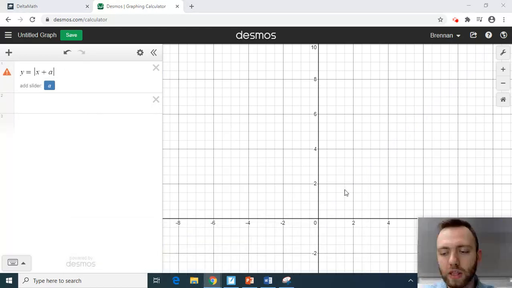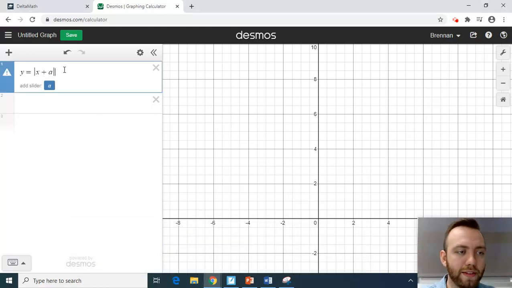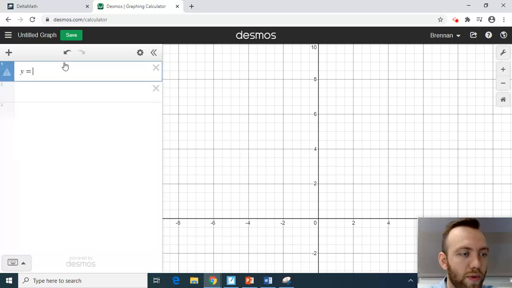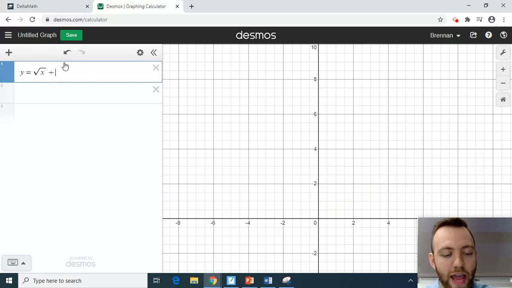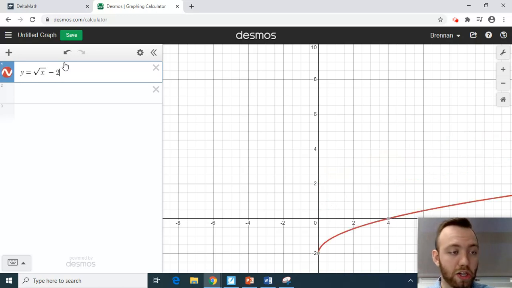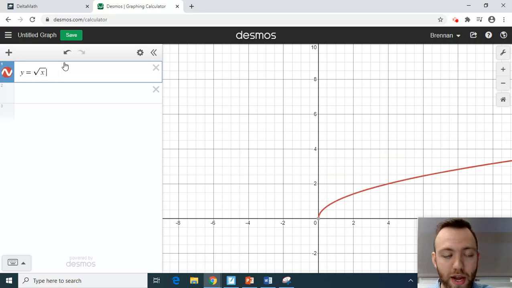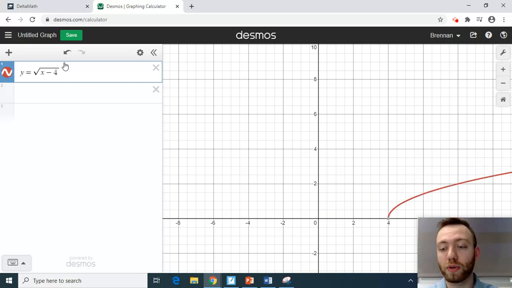And now let's take a look at one of the other ones we did. We had the square root of x. Same kind of thing. If I add 2, it's going to move up 2. If I subtract 2, it's going to go down 2. And now if I'm in the square root, so not really in parentheses again, but if I'm with the x in the square root, if I'm subtracting 4, we're going to move to the right 4, because again, it's opposite day, and that makes sense.